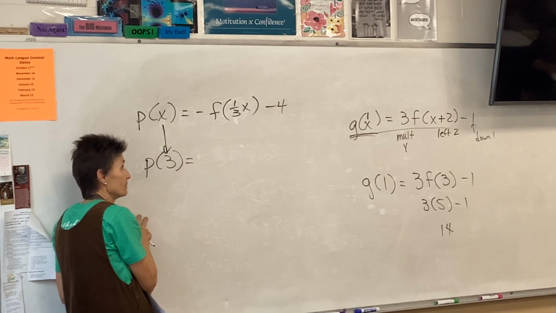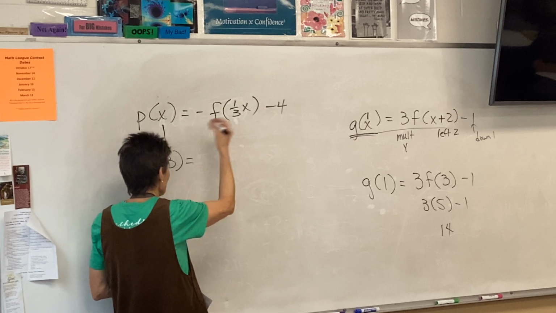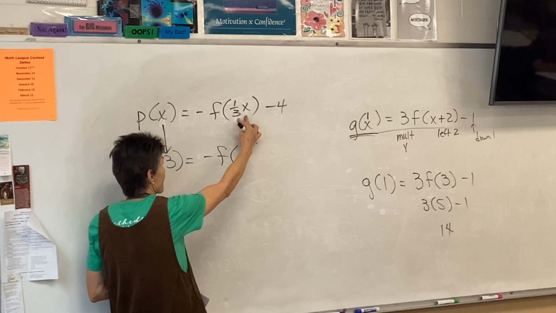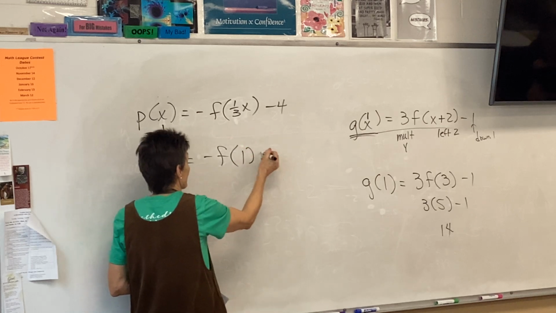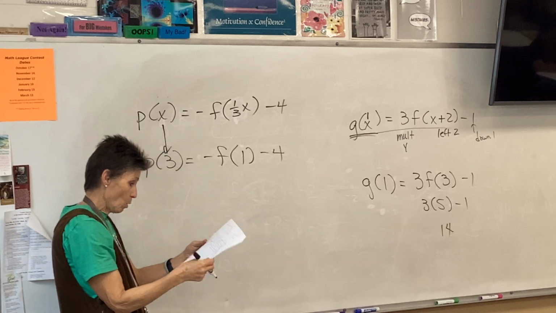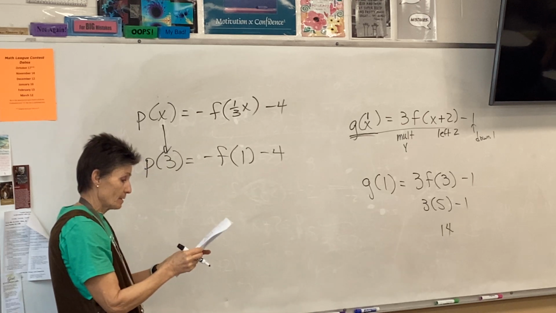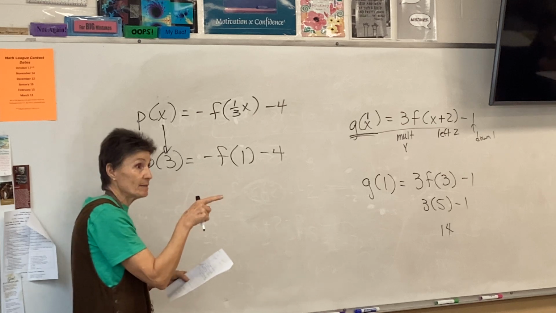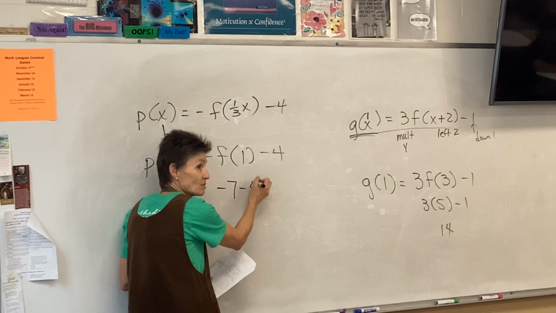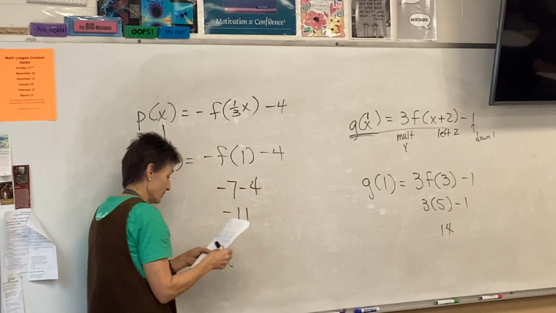X is 3. So according to the model you just built, it's going to be -f of 1 minus 4. So what is f of 1? F of 1 is 7. So this is going to be -7 minus 4, -11.